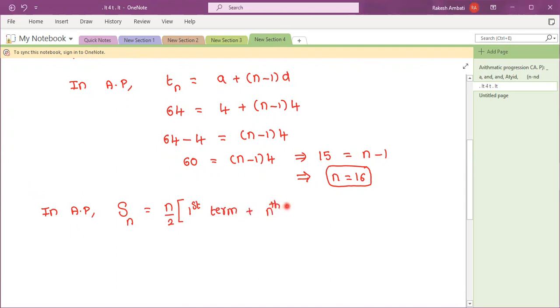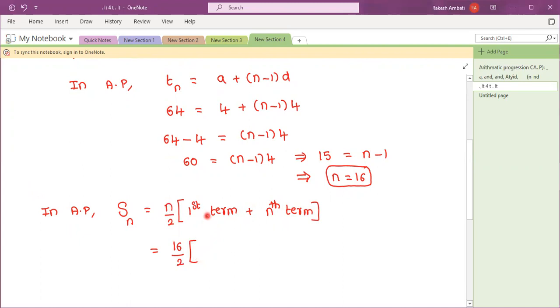What is the n value? We already have 16, so it is 16 by 2. Then, in the given progression, what is the first term?